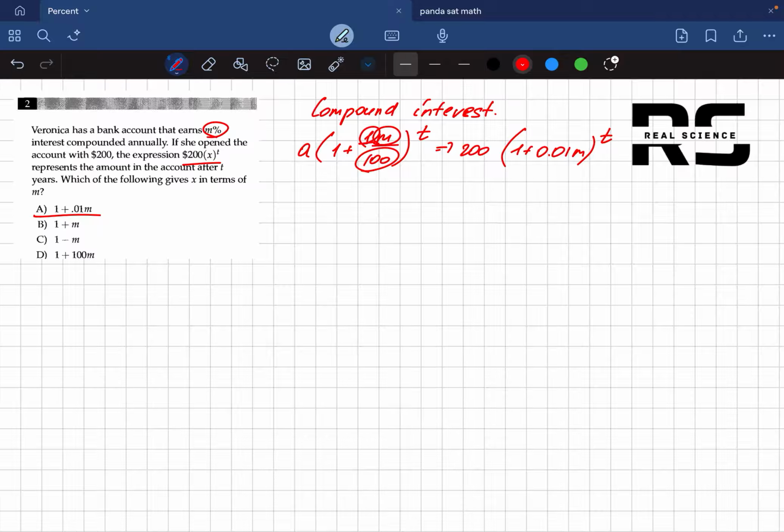So we have this expression, and x is in the brackets. So what do we have in the brackets? That's 1 plus 0.01n. So the answer would be A.